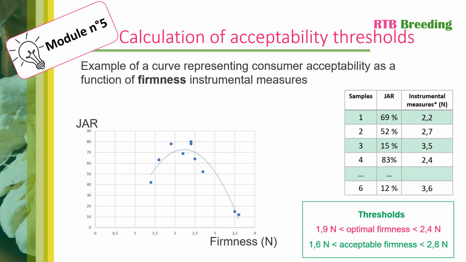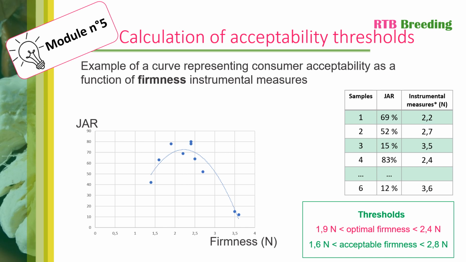Once the instrumental measurements corresponding to a sensory attribute have been taken, they can be used to calculate the thresholds. This time, on the scatter plot, the abscissa will show the values of the instrumental measurements and the ordinates, the data from the JAR test. In this example, we again have a bell-shaped curve for firmness.